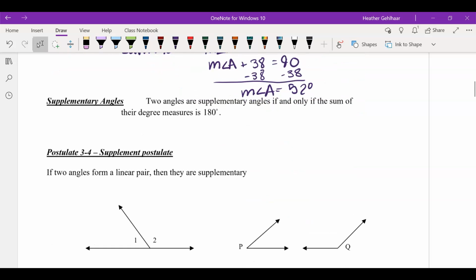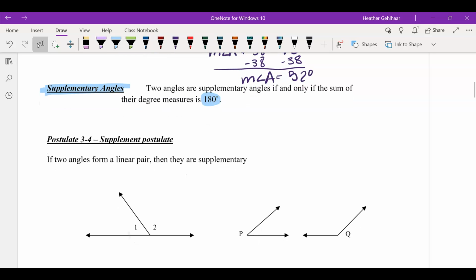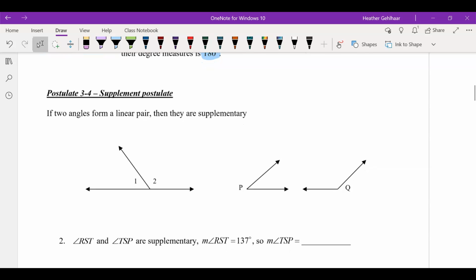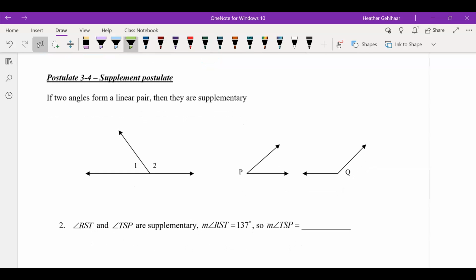The next one we have here are supplementary angles. Supplementary angles are similar to how complementary angles work, except their sum is 180 degrees. So we have two examples similar to above. There's a postulate, a rule, something we know is true, that states if two angles are a linear pair, then they are supplementary.